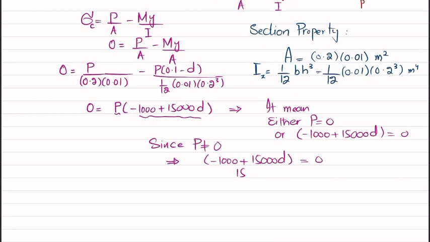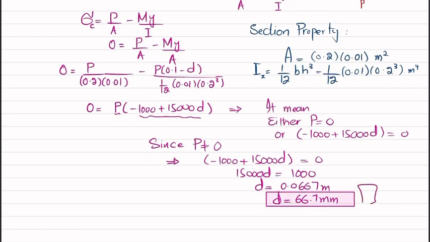So 15,000 d is equal to 1000 and d will be equal to 0.0667 meter, or in millimeter d will be equal to 66.7 millimeter.